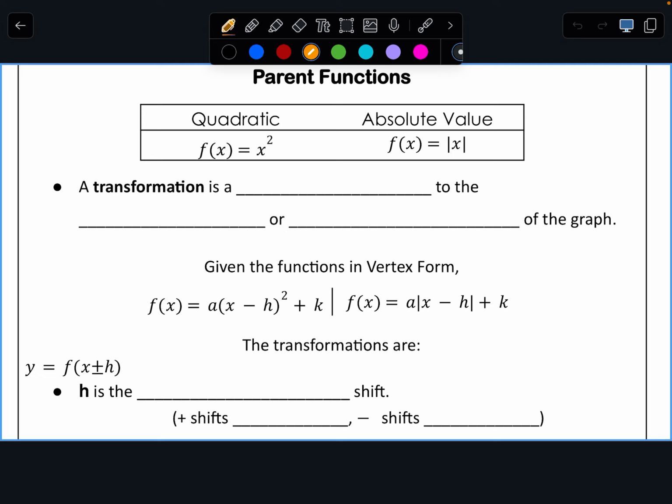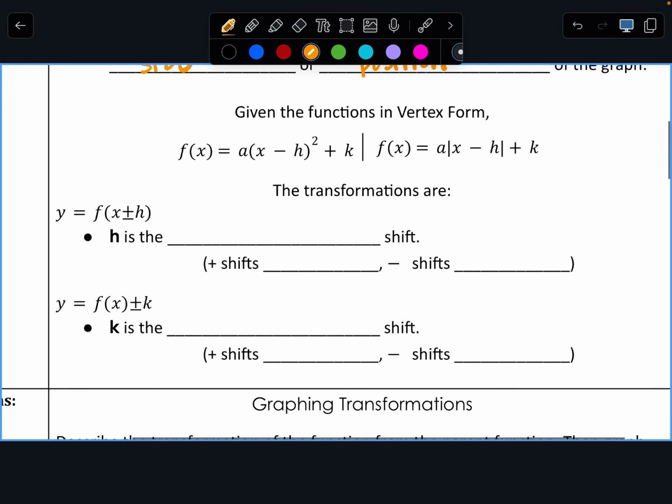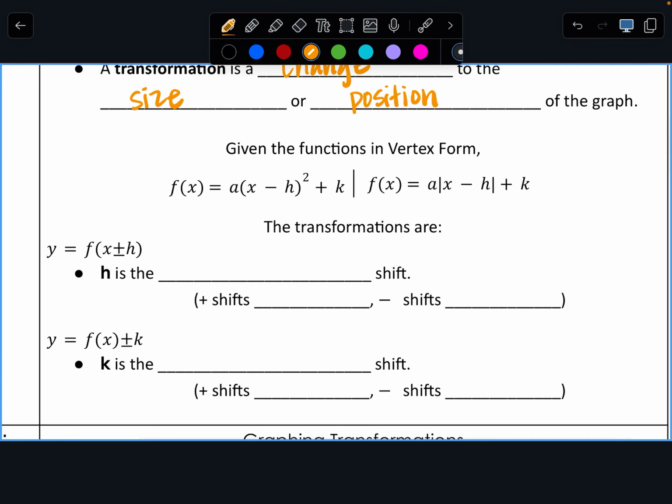A transformation is a change to the size or position of the graph. So here are the functions in vertex form, and the transformations are when we are adding or subtracting h.